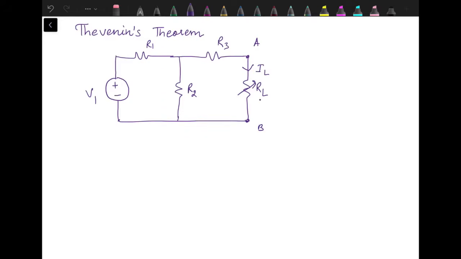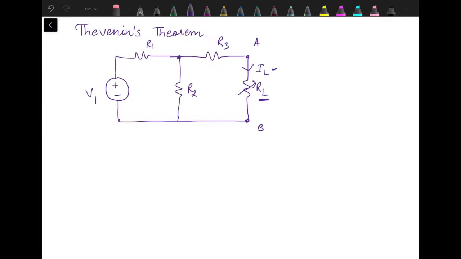Now if we have multiple values of RL, let's say 10 different values of RL, then we have to write the nodal equation 10 times and solve it to find out the current through this resistance RL.